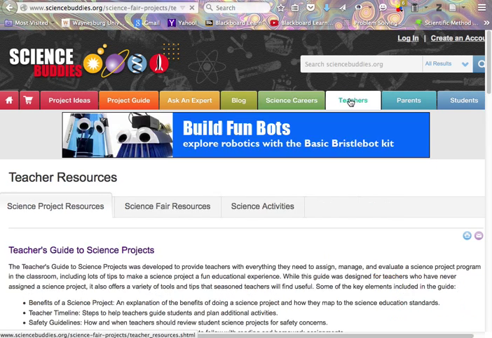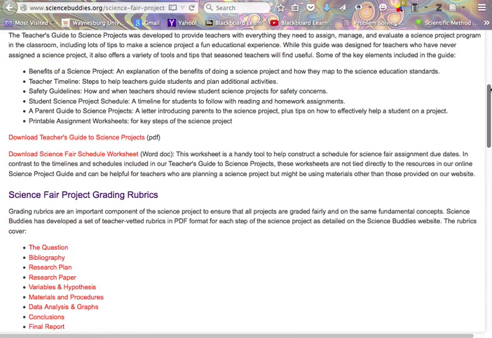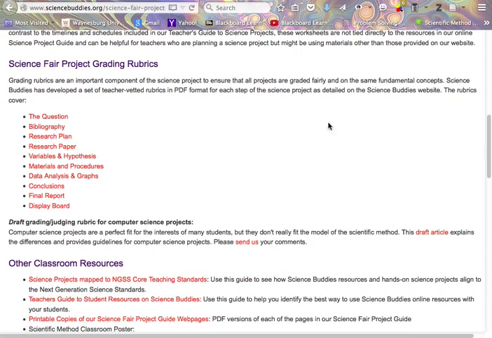They do have teacher resources, and of course this is where you're going to find the science fair project grading rubrics. I would like you to examine these very closely, and so these rubrics are going to be part of your assignment project for the conclusion of this unit.